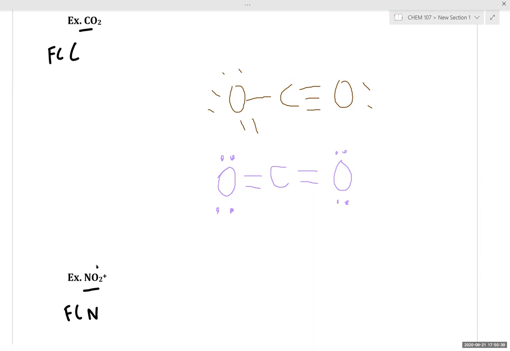And is there a structure that's preferred from this pair? Is there a structure that minimizes formal charges in this pair? The structure on the top or the structure on the bottom? Or is there another structure that we haven't considered?